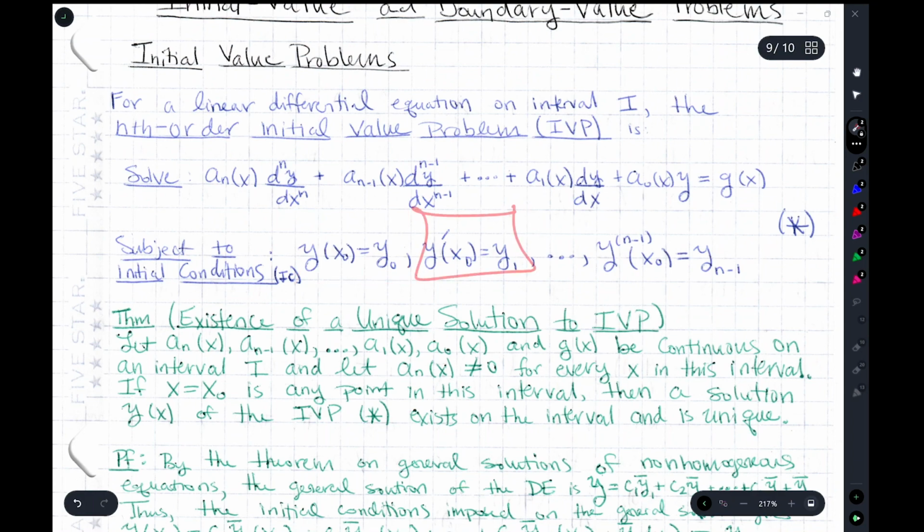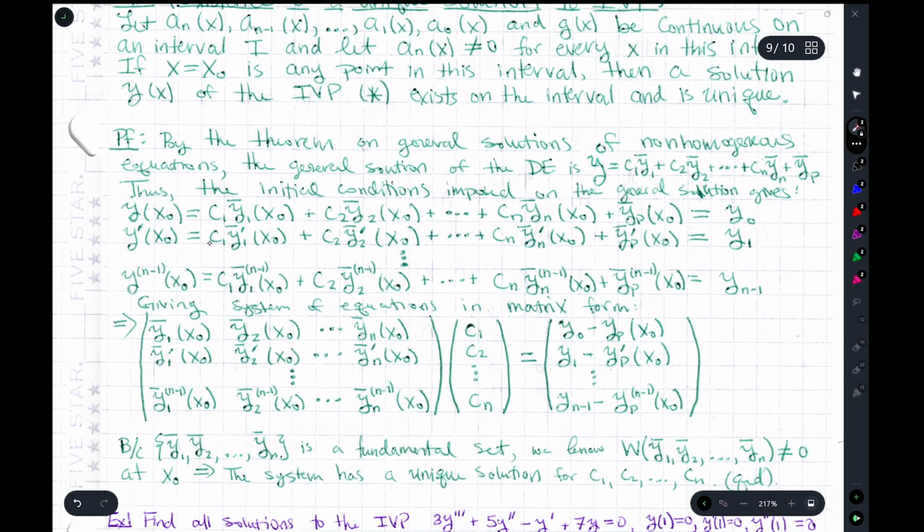We have a second condition, which tells us to take the derivative of y, plug in x naught, that's the left-hand side, and the right-hand side is the other initial condition on the first derivative. So you could think about y naught through y sub n minus 1 as constants.